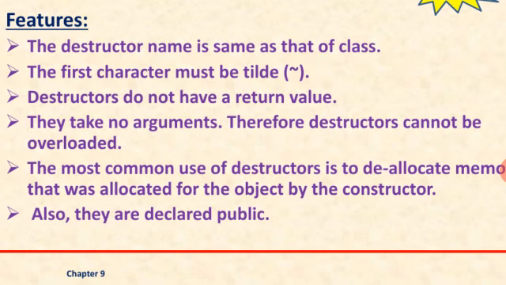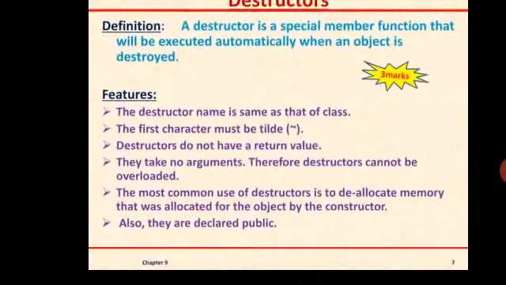Next, the most common use of a destructor is to deallocate the memory that was allocated by the object when the constructor was invoked. Also, they are declared in the public section, meaning the public access specifier is associated with them. And the second thing is that it begins with the tilde character, so we can identify which is the constructor and which is the destructor.